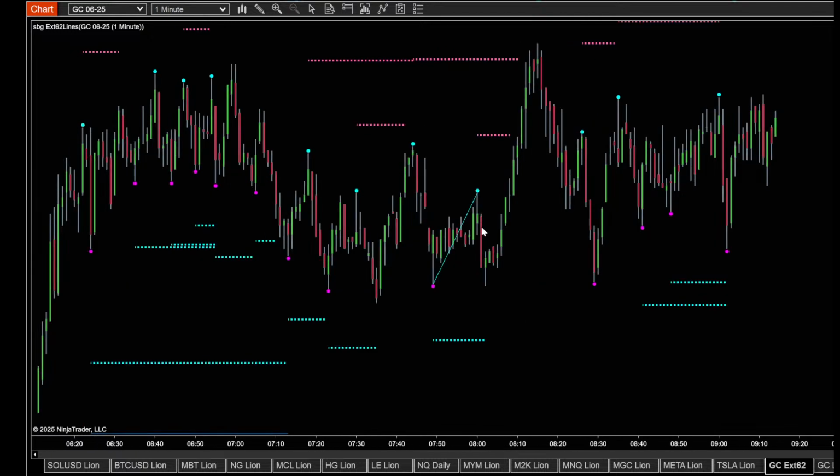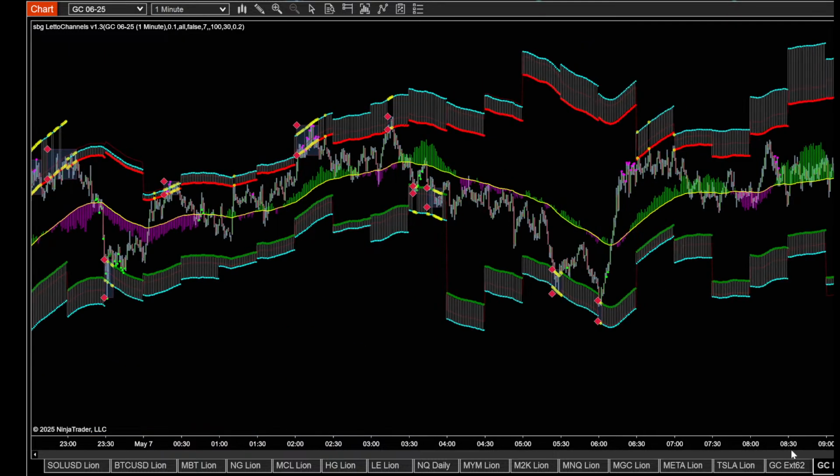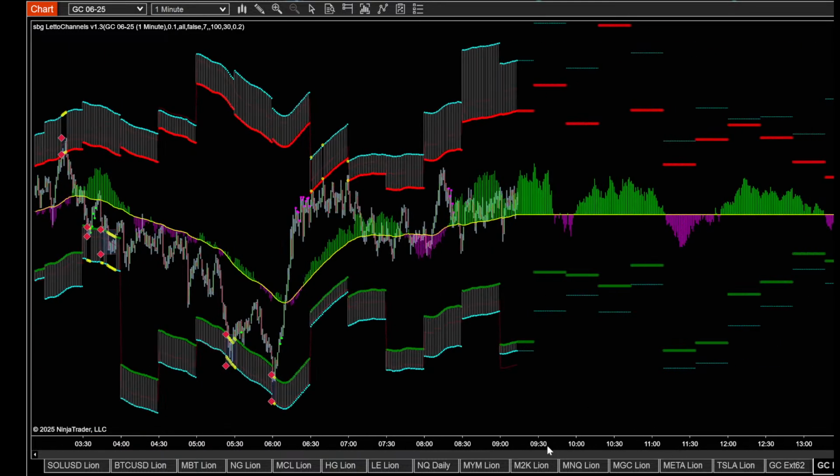This blue line identifies the swing that's being calculated as the basis. This red dashed line is the extension of this swing. That's what we're targeting, and it's 62% of that distance. So the blue line here is 62% of that swing going down here. That's how we extend out. Those are our targets. This is what the indicator looks like isolated. And this is what Leto Channels looks like isolated.